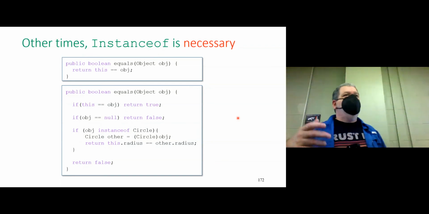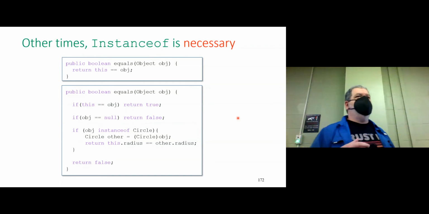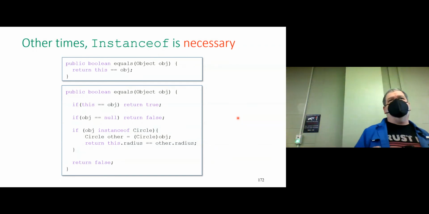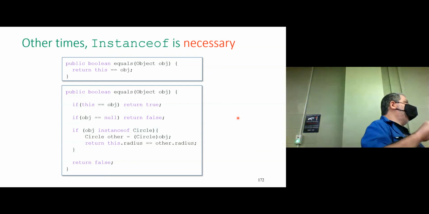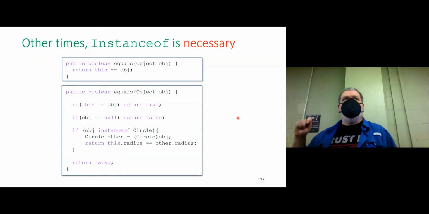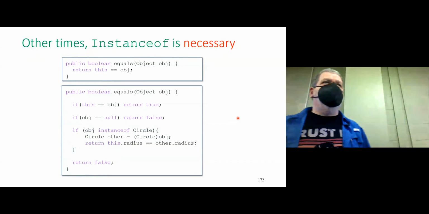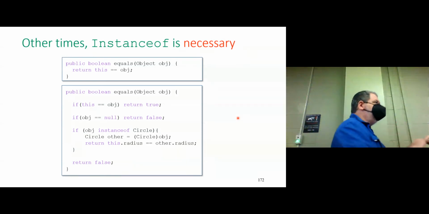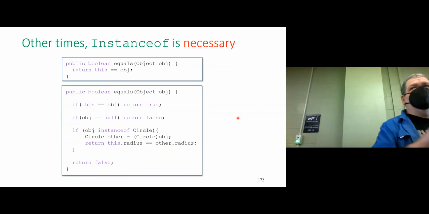I don't want to let you exit the room thinking, well, that was just a purely academic exercise, and now that we learned about instanceof, we can forget about it because it's always cleaner to go back to basic polymorphism. Now, sometimes you can't go back to basic polymorphism. And now we are at the edge of the scope for this course.